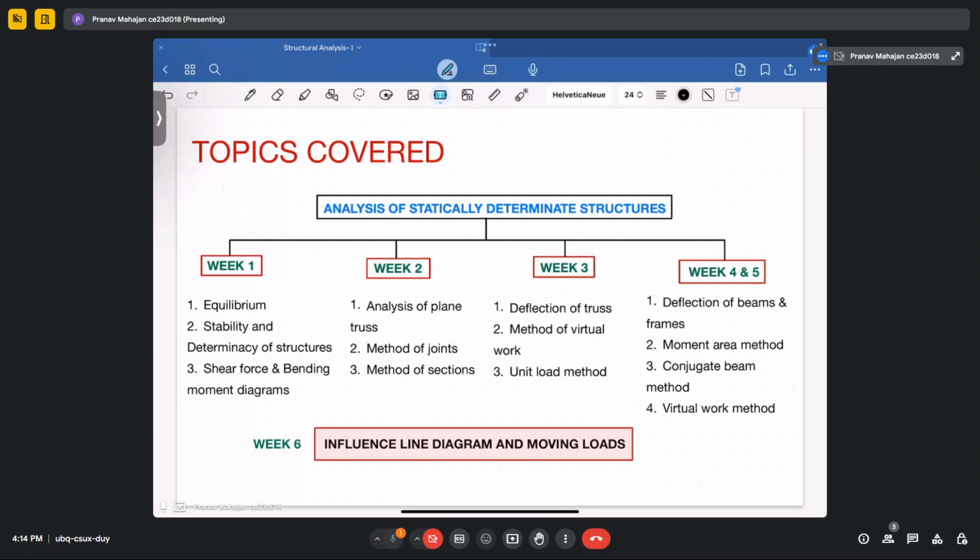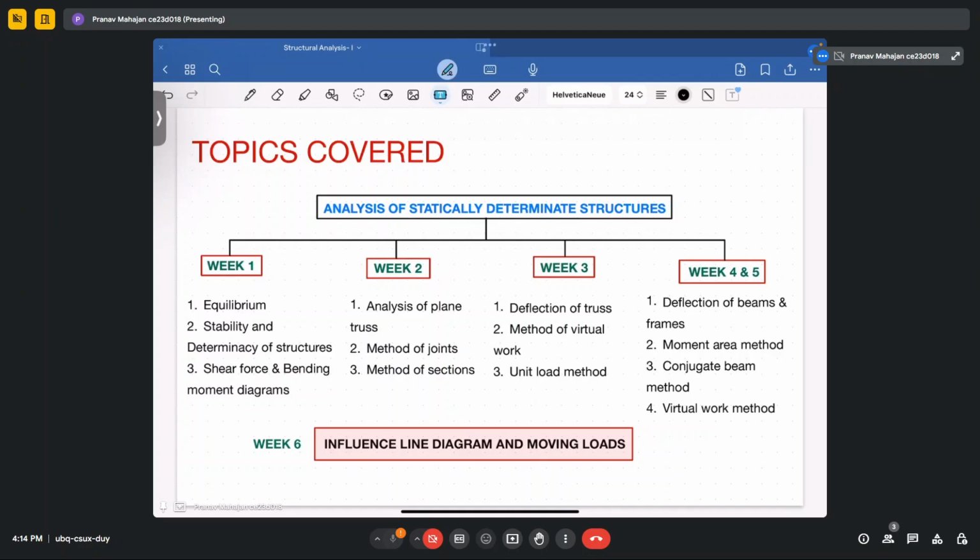Whenever the complexity is very large, we utilize the method of sections, in which we cut the whole truss into two parts and determine the unknown force in the truss member using equilibrium equations, most probably the summation of moments about any point equal to zero. Based upon that, all other unknown reactions drop out, and only the concerned force in your particular problem can be determined using that summation of moments equal to zero.